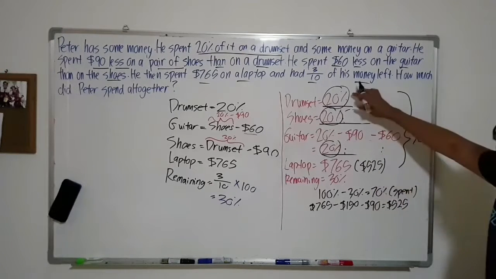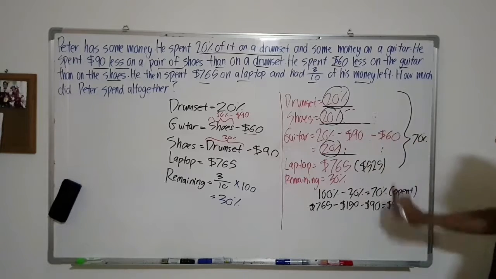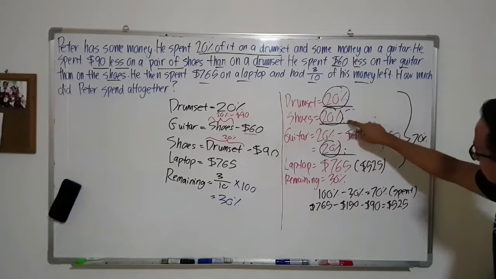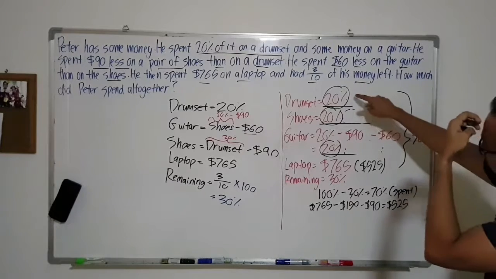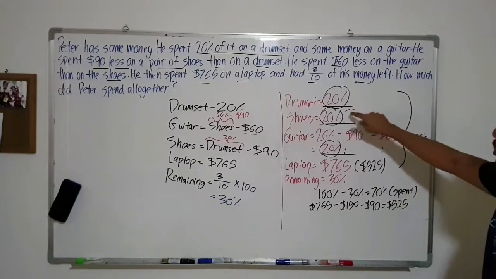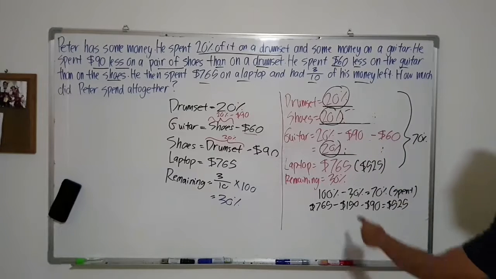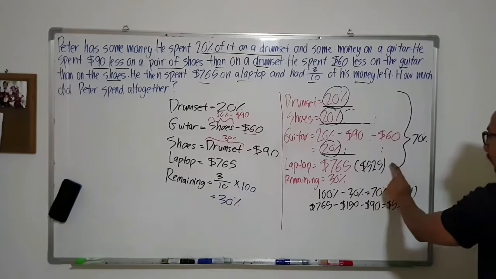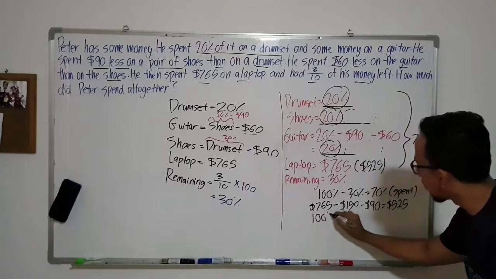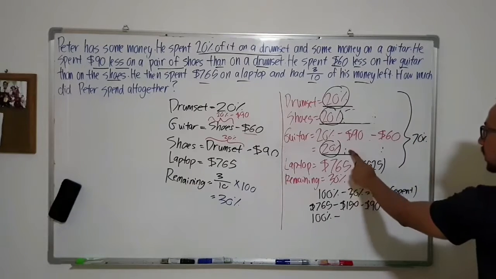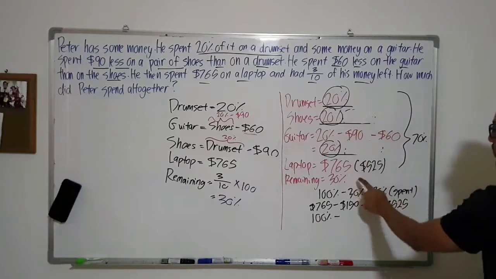So now you have percentage and the value. Percentage, and then value. Simple. So now you see that drum set 20%, shoes 20%, guitar 20%, the remaining 30%. So how many percent is this laptop? Very simple. You get 100% minus 20% minus 20% minus 20% minus 30%.